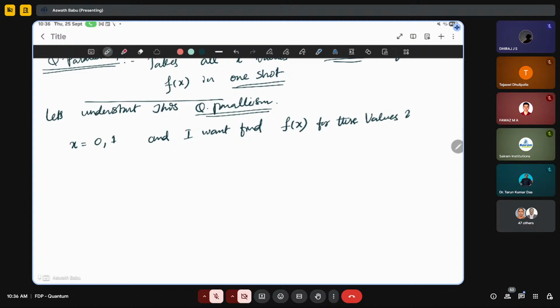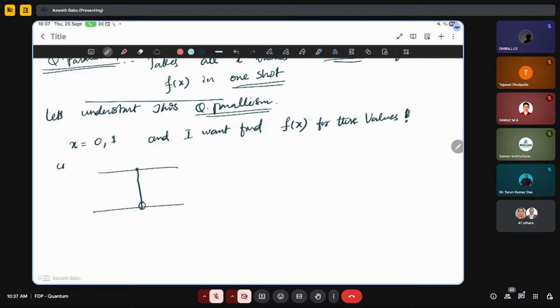I'll just start with the simple scenario, and then we will expand to more and more x values. Now, as you can see, we have the controlled NOT gate. Let's take the controlled NOT gate.